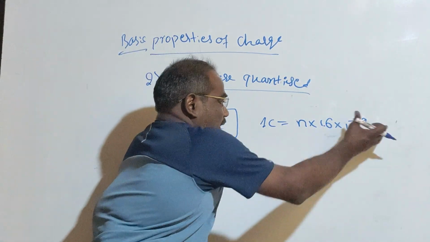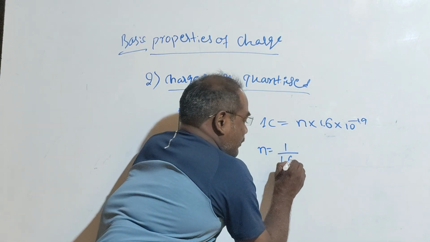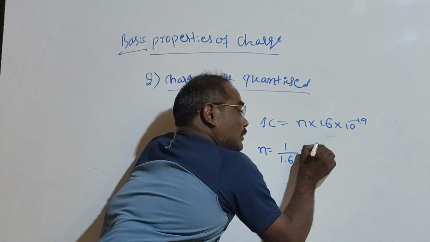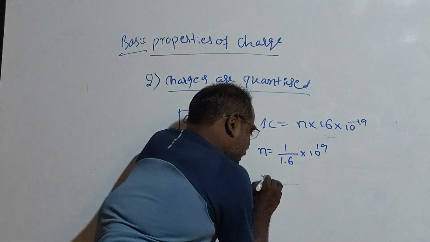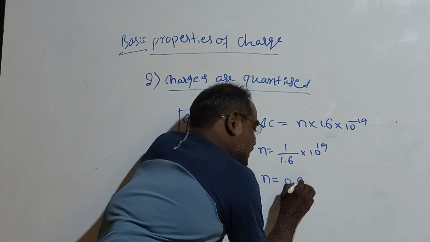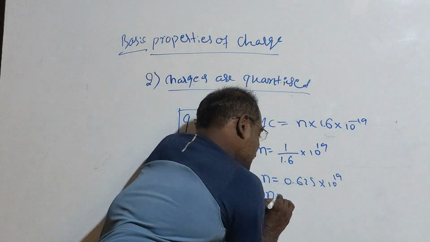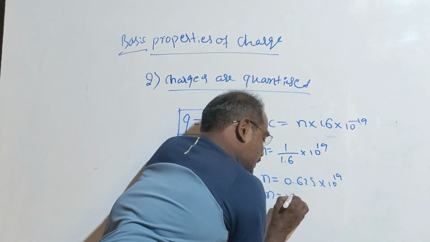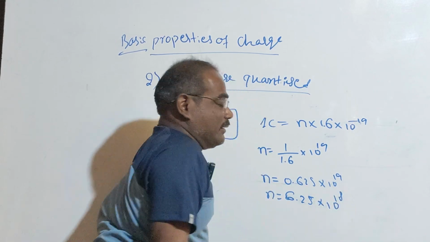So transferring this value, n is equal to 1 divided by 1.6 into 10 power minus 19. By calculating, n is equal to 0.625 into 10 power 19. Sorry, if I shift the decimal by one place, it becomes 6.25 into 10 power 18.